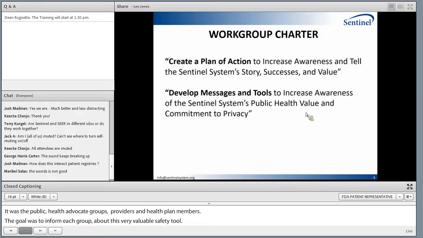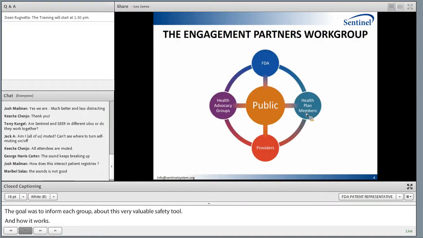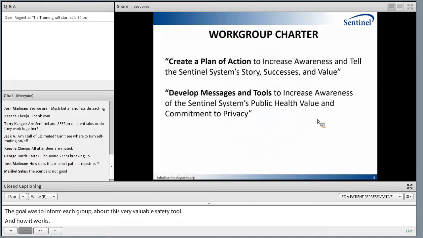The work group was tasked with the following. First, we created a plan of action to increase awareness about the Sentinel System story, to shed a light on its successes, and to articulate the value proposition.